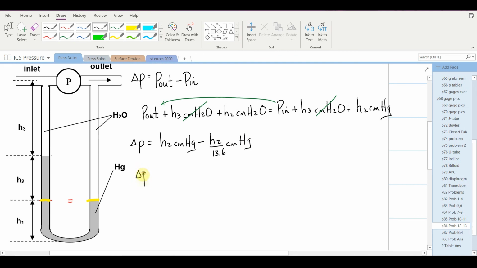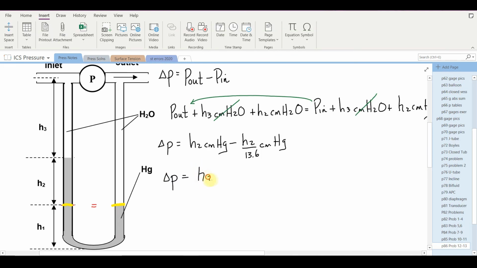Delta P is H2 minus this term here, which becomes 0.0735 H2, that's centimeters of mercury, and then subtracting 0.0735 from 1, we get 0.9265 times H2 centimeters of mercury.